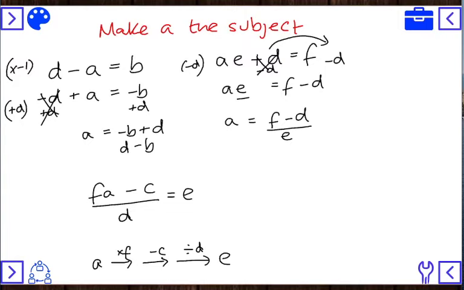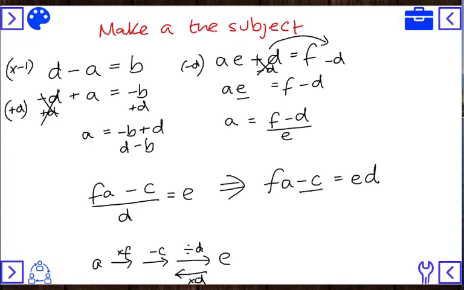So notice how the last thing that happened to the problem was actually to divide by D. So to revert back, I need to times by D. So timesing both sides by D would then give me FA minus C is equal to ED.